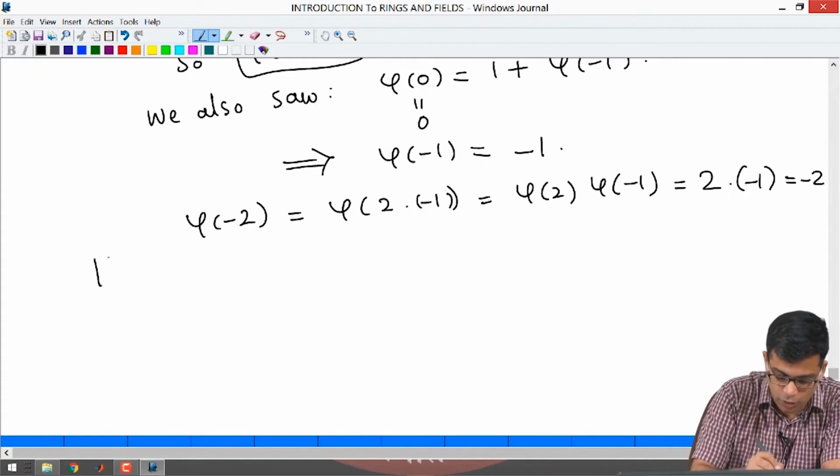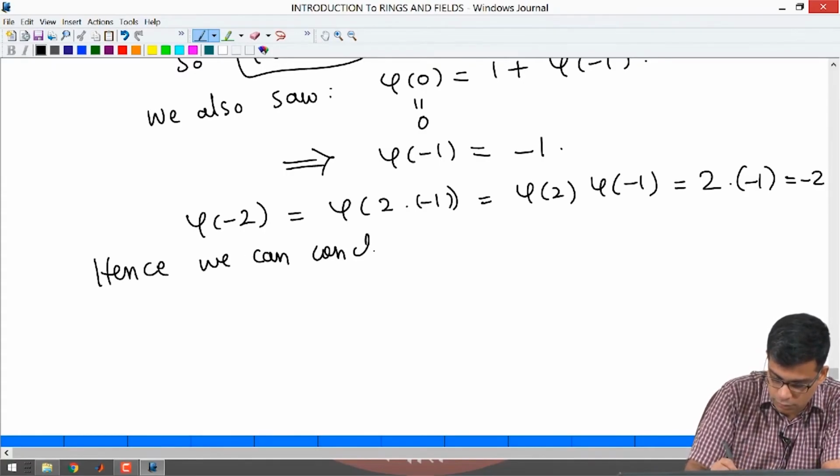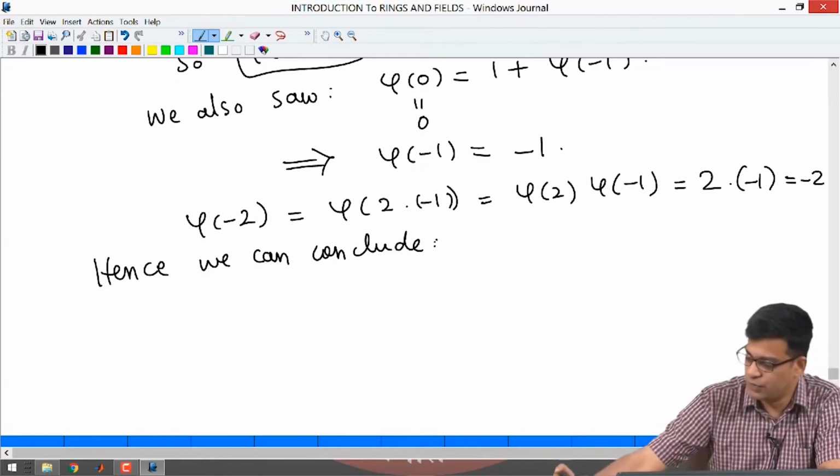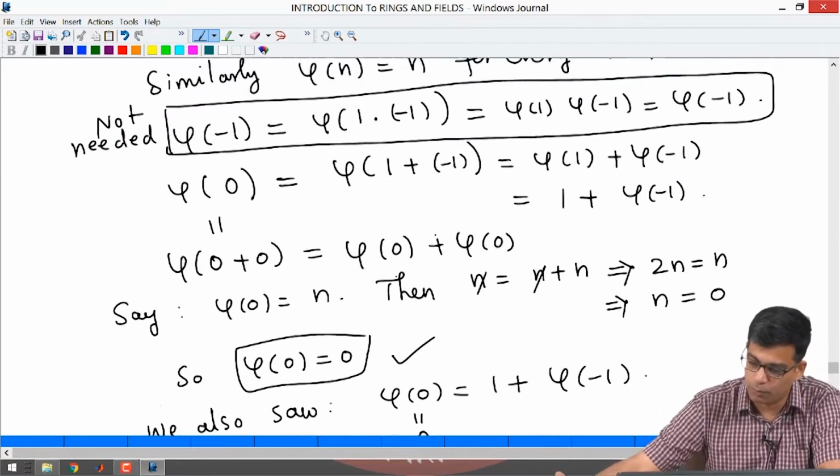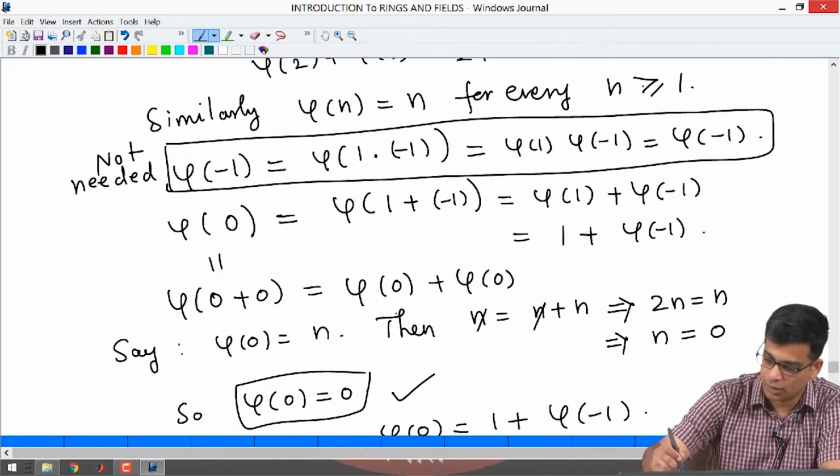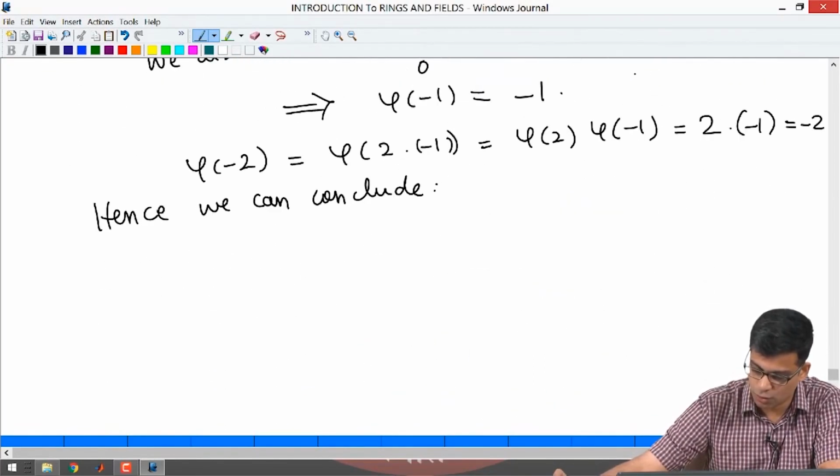Hence we can conclude, earlier I said phi of n is equal to n for all positive integers n, right. Now, I am able to conclude this is true for all n.